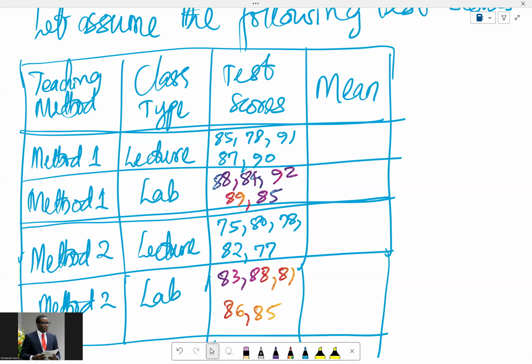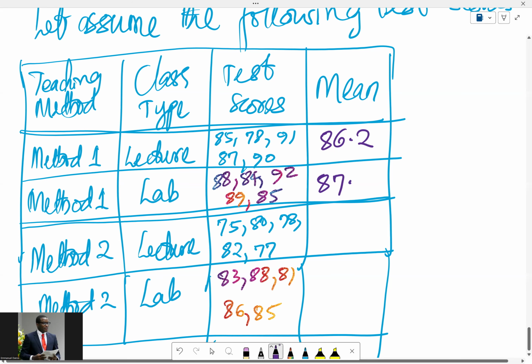So here it means we have 81, 85 plus 78 plus 91 plus 87 plus 90 divided by 5. The mean here is 86.2. For the next one, we have 88 plus 84 plus 92 plus 89 plus 85 divided by 5, that is 87.6.